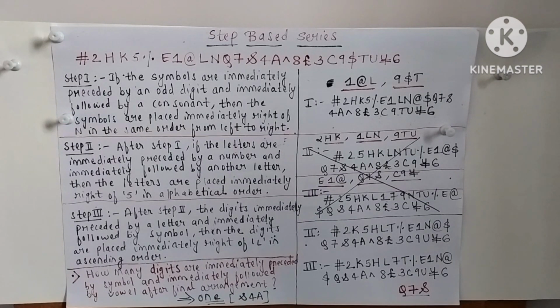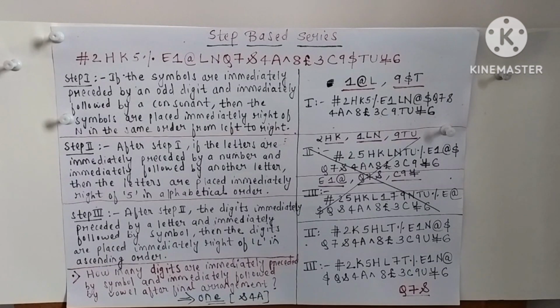That is the final step. Or there can be not only 3 steps, there can be 4 or 5 steps also. So after 5 steps, whatever final arrangement of the series you're getting, by seeing that you need to answer the questions.